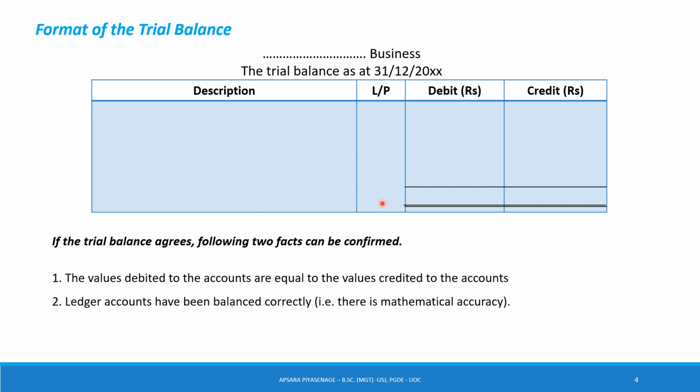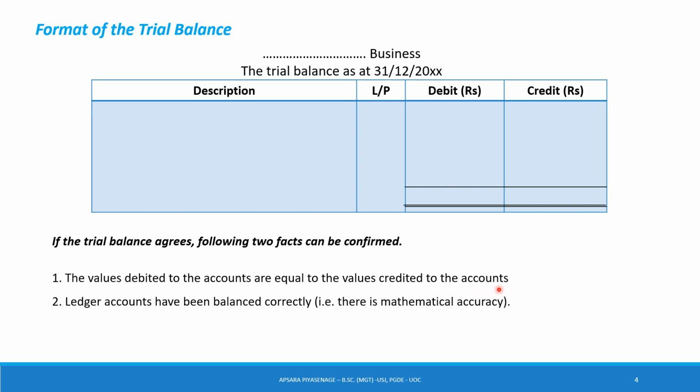So if the trial balance agrees or the totals are equal, the following two facts can be confirmed. First one is the values debited to the accounts are equal to the values credited to the accounts.